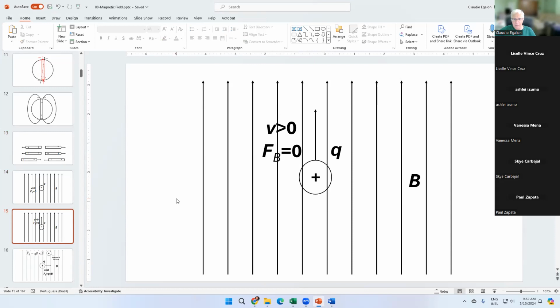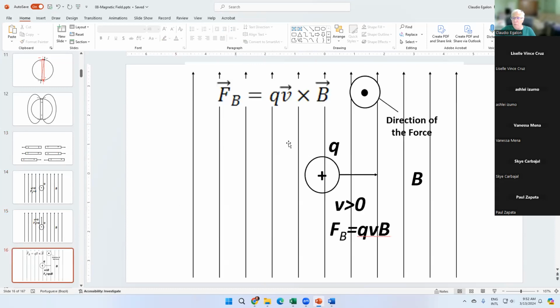But if the charge is moving perpendicular, the velocity vector perpendicular to the magnetic field lines, now this force is going to be maximum. It's going to be given by the charge value, the velocity, and the magnetic field. That's the velocity vector.